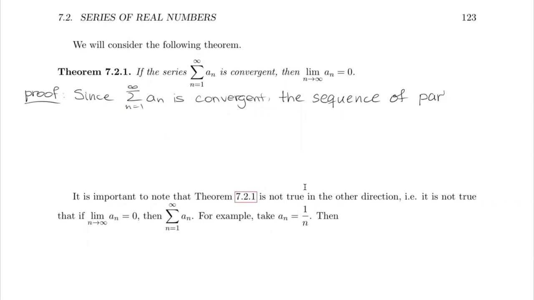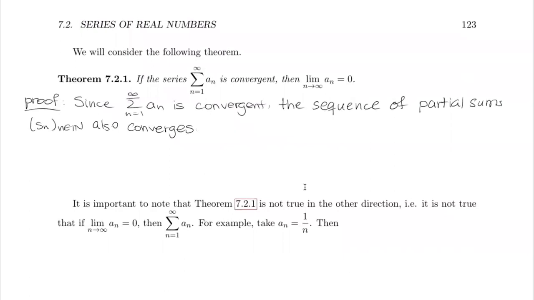Now, I could write this as the limit as n approaches infinity of Sn is equal to S. Also, I could write an as Sn minus Sn minus 1. That will actually give me the value of an, the nth term, right?